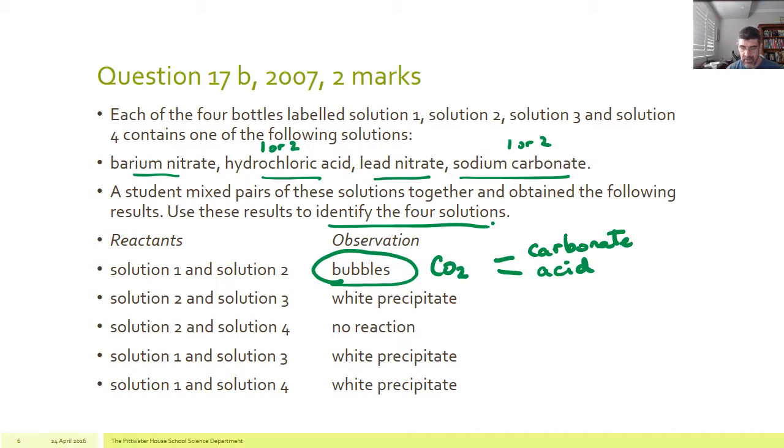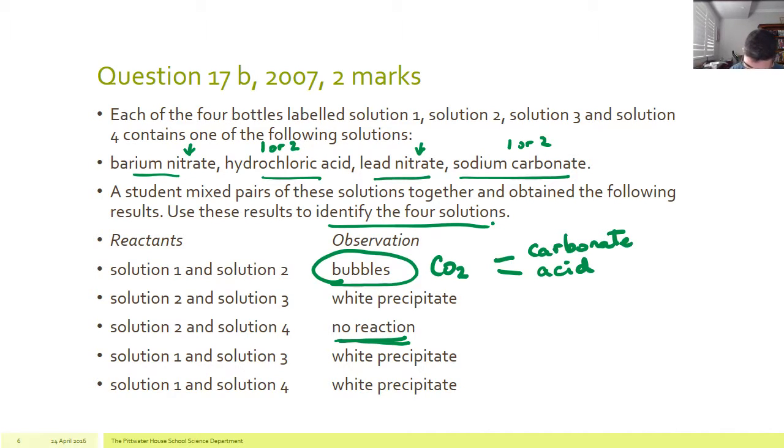Now the next one that I think is interesting is this one here, no reaction. The 2 things that would be most obvious that would give you no reaction are the 2 that have the same anion. So lead nitrate and barium nitrate put together will just have nitrate ions in there. Since they're both soluble already, there'll be no reaction.